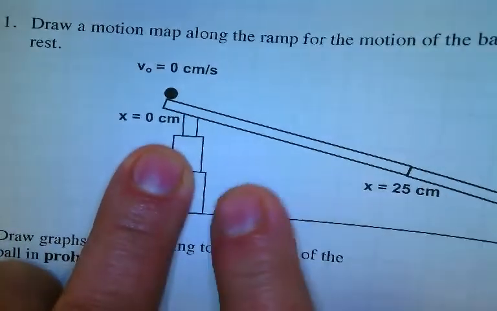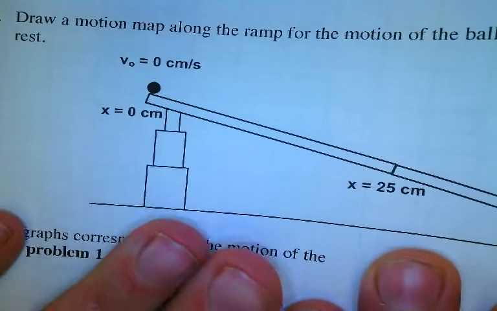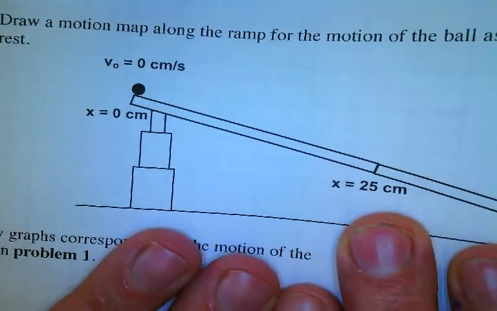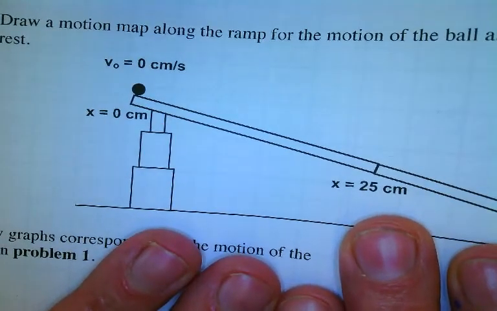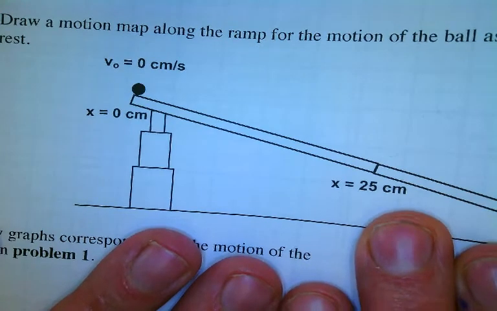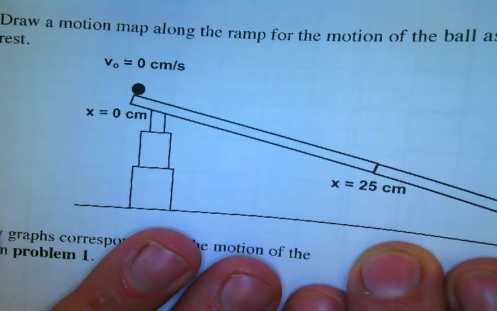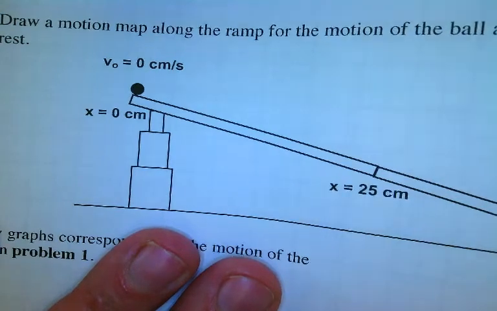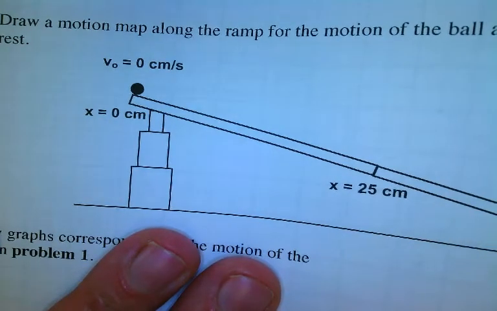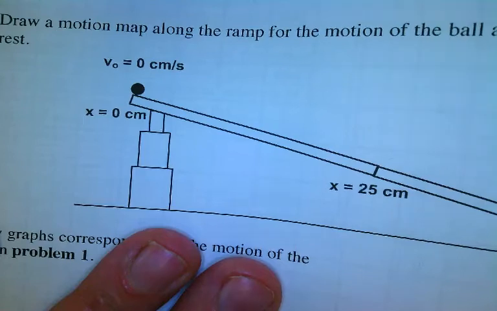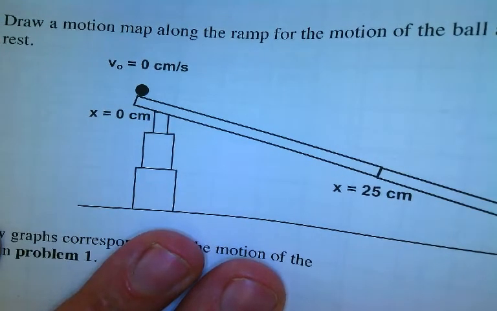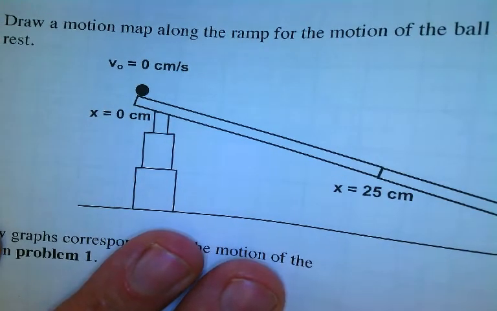Okay, so let's look at our little scenario here. Notice we have numbers, so that means our position time graphs are going to have numbers in them this time. We're not used to that. Our velocity time graph is going to have a number, and our acceleration time graph is going to have a number. But we already know what they're going to look like because that's what we learned last week and the week before.